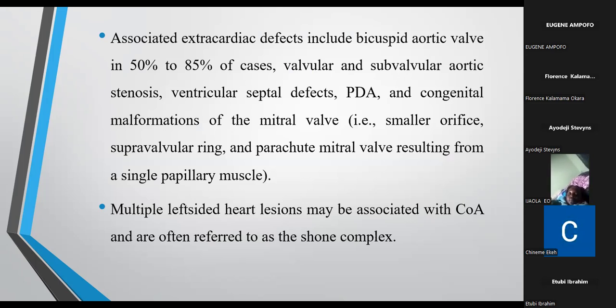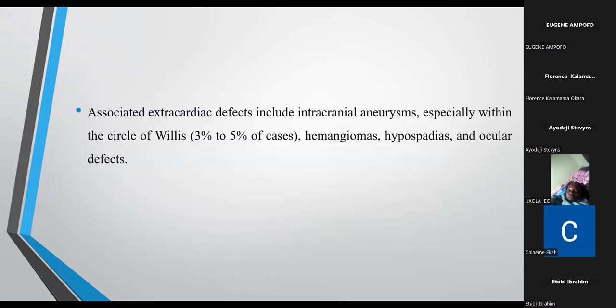A parachute mitral valve could also be associated with coarctation of the aorta, as part of the components of Shone complex, in which case they present with aortic stenosis and coarctation of the aorta. Extracardiac defects can also occur, such as intracranial aneurysm, especially within the circle of Willis, in 3 to 5% of cases, hemangiomas, hypospadias, and ocular defects too.